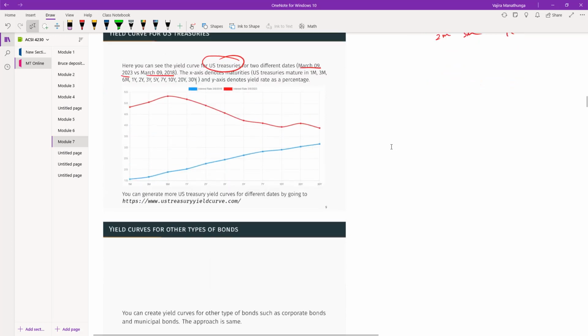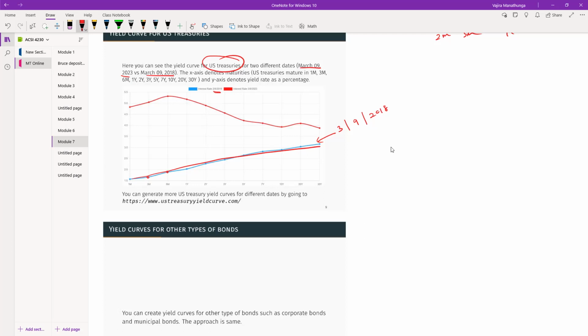So why do we use this yield curve? Let's say, for example, this blue one is for March 9, 2018, and I want to discount. Yes, you have these rates for only these maturities, but you can interpolate or do some curve fitting.